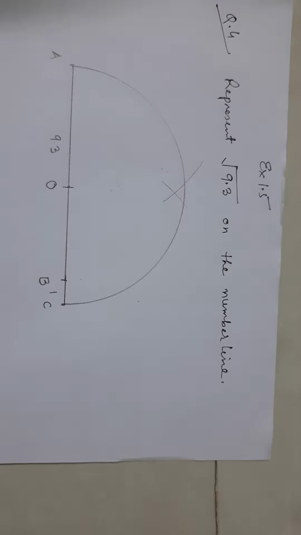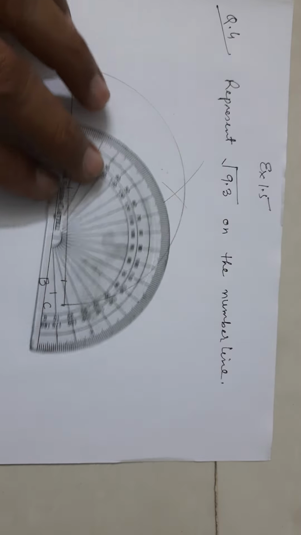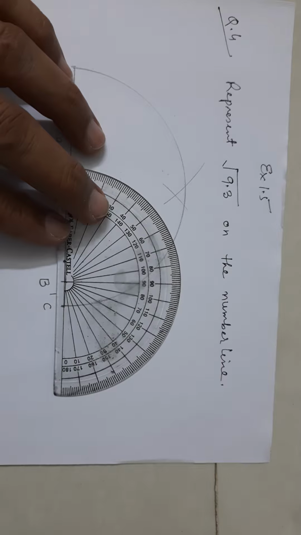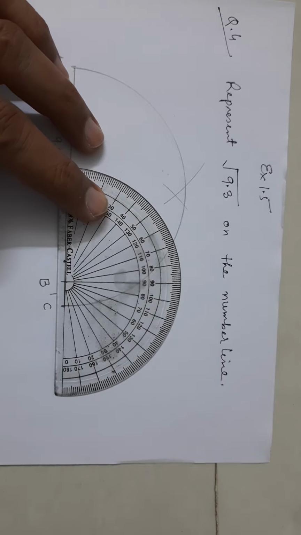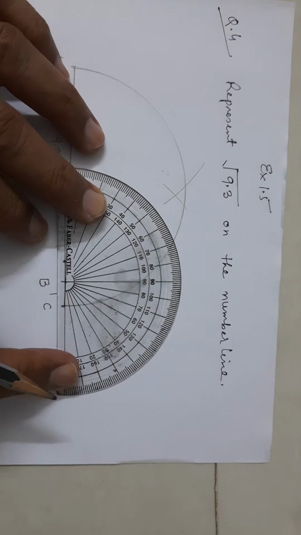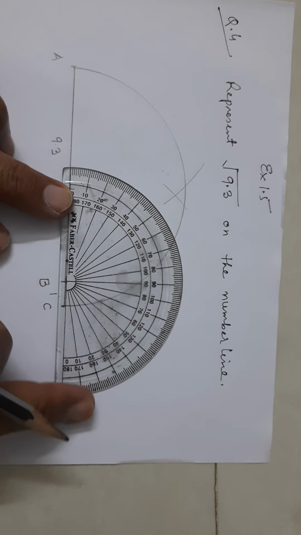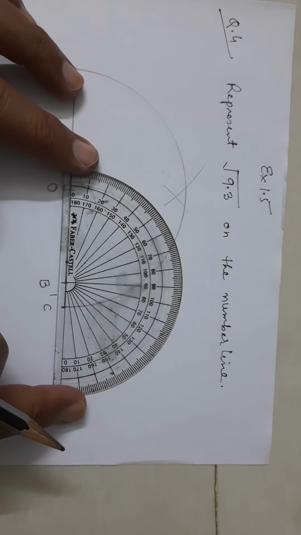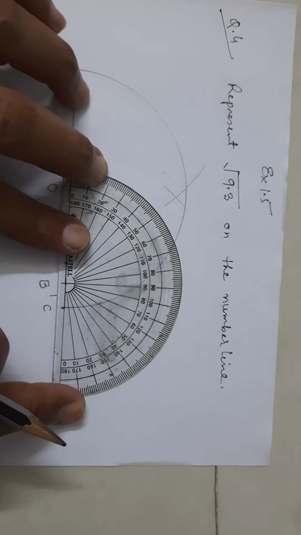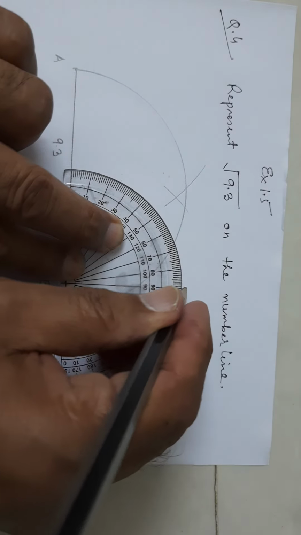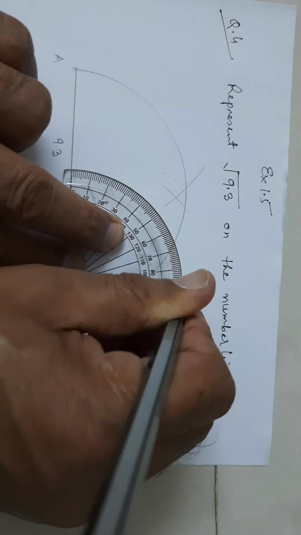Now from B at right angle, we are going to draw a line segment which touches the semicircle. The point at which it touches the semicircle, we will call D. So here we have that point.